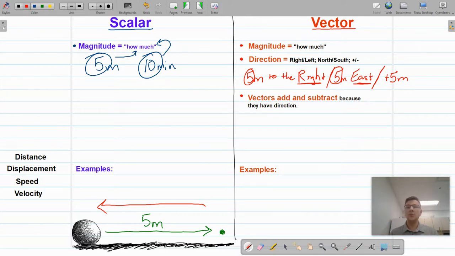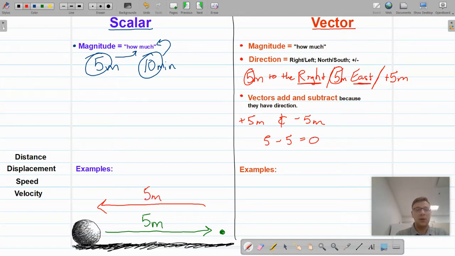Same thing with 5 meters east and then 5 meters west; they would subtract from each other. If we went positive 5 meters and negative 5 meters, 5 minus 5 equals 0. That's the situation with the ball: if it moved 5 meters to the right and then 5 meters to the left, and we're including direction, then ultimately that ball did not move from its original position.